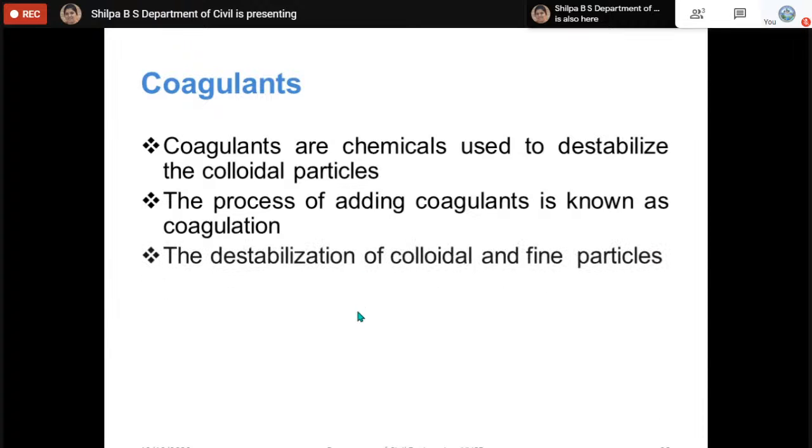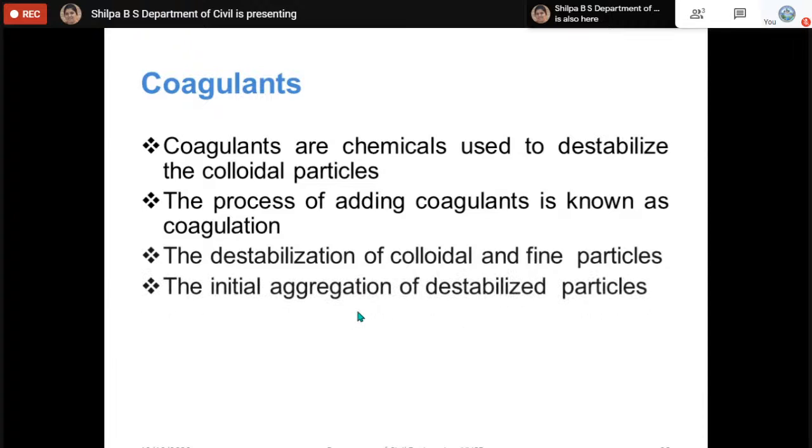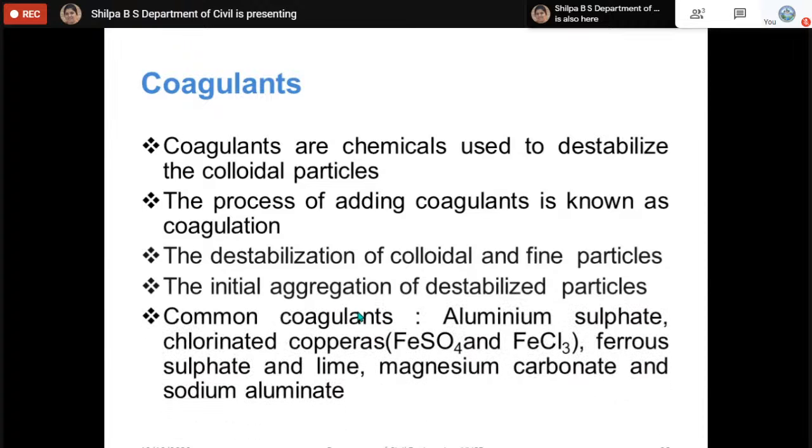With the addition of the coagulant, we can destabilize the colloidal particles which are negatively charged, and also remove the fine particles. Initial aggregation of the destabilized particles takes place due to the addition of coagulants.